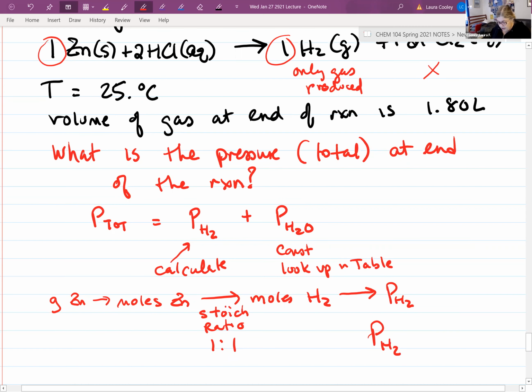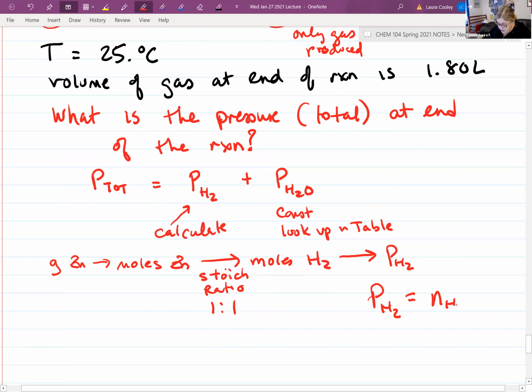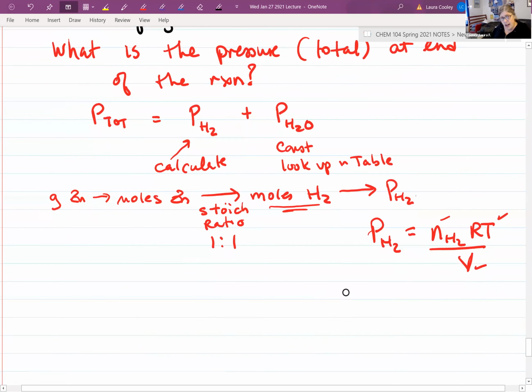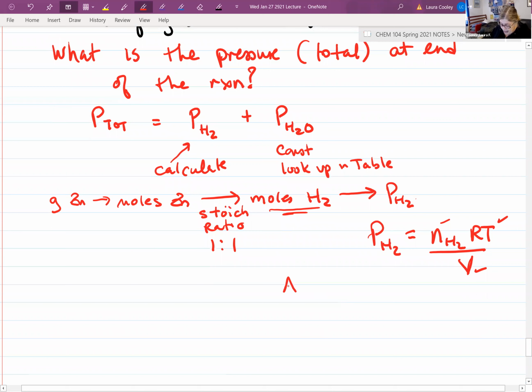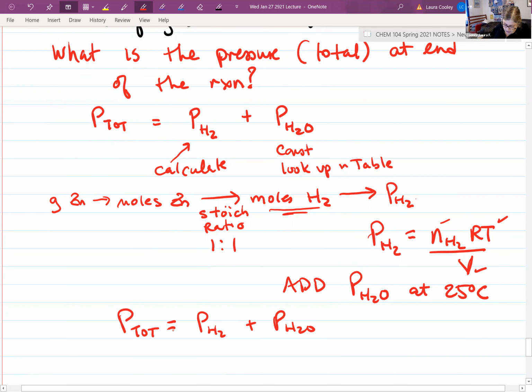Well, we're going to use the ideal gas law for the hydrogen component. We know the temperature, we know the volume, and we will have calculated the moles of H2, so we'll have that as well. Finally, that's not quite the end of the problem, because we have to add the vapor pressure of water at 25 degrees C. And when we get this sum, that is going to be our total pressure.